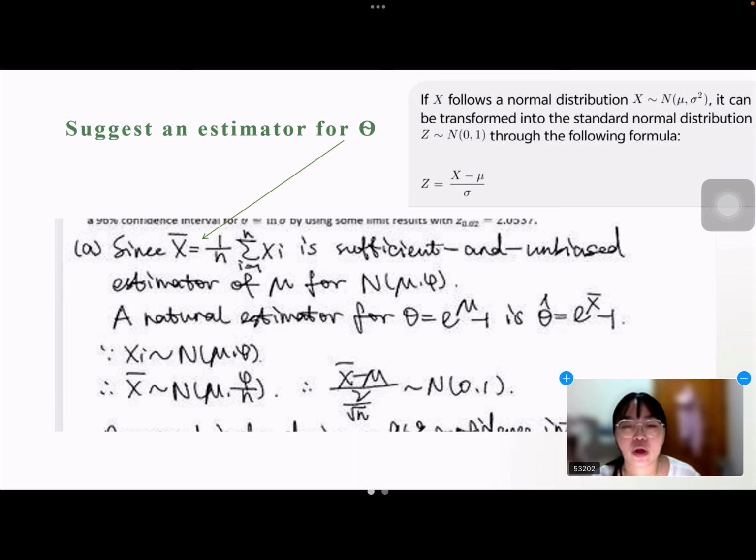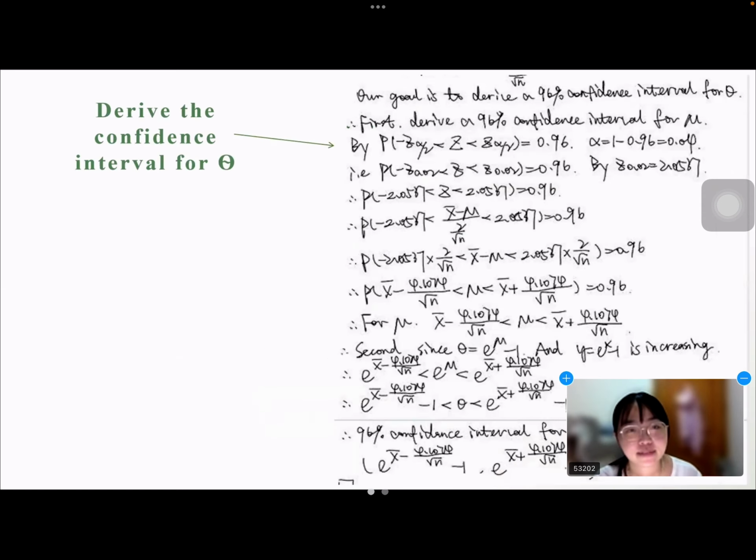So we can transform the normal distribution to the standard normal distribution by the formula on the right. And after that, we can construct the confidence interval.